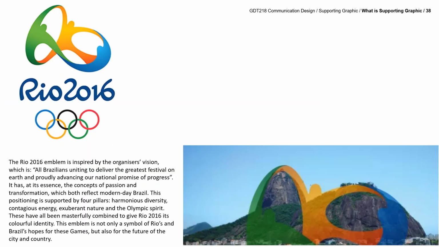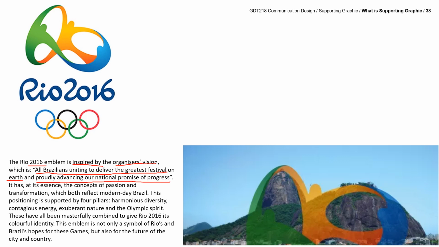Another example, this one is a very interesting brand identity image design, Rio 2016. So the Rio 2016 emblem is inspired by the organizer's vision, which is all Brazilians uniting to deliver the greatest festival on earth and proudly advancing our national promise of progress.